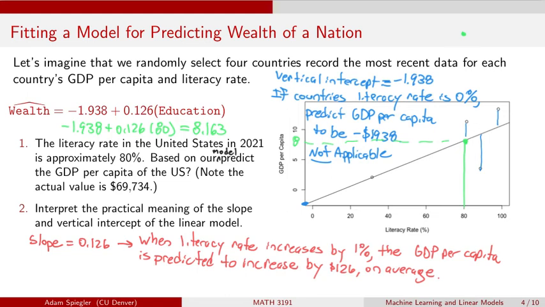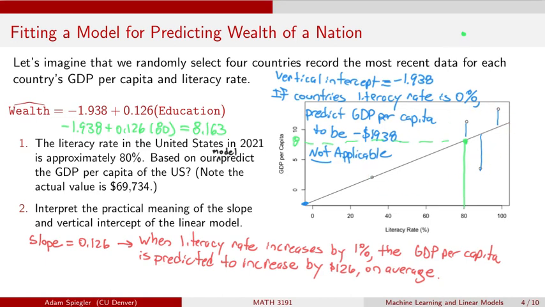So here's a situation where we're trying to use our model, which was based on predictor values that were at least 30 or above, to make a prediction about the response variable when the predictor variable is 0, meaning that this is far removed from all of our observed values.